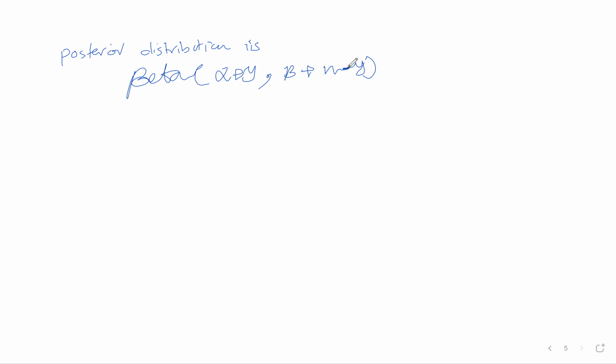So this is the posterior distribution, alpha plus y and beta plus n minus y. The first one is the alpha posterior, the second is the beta posterior. So now I know the posterior distribution.